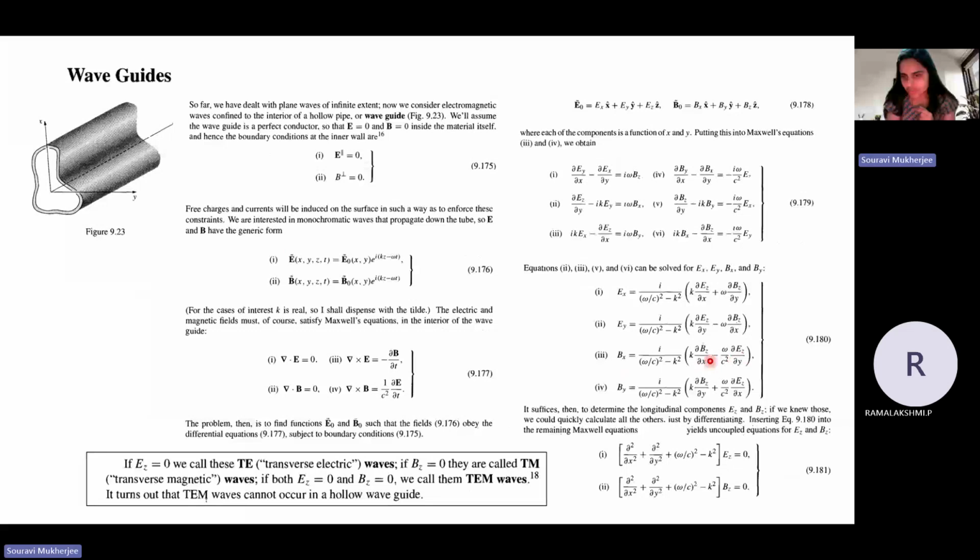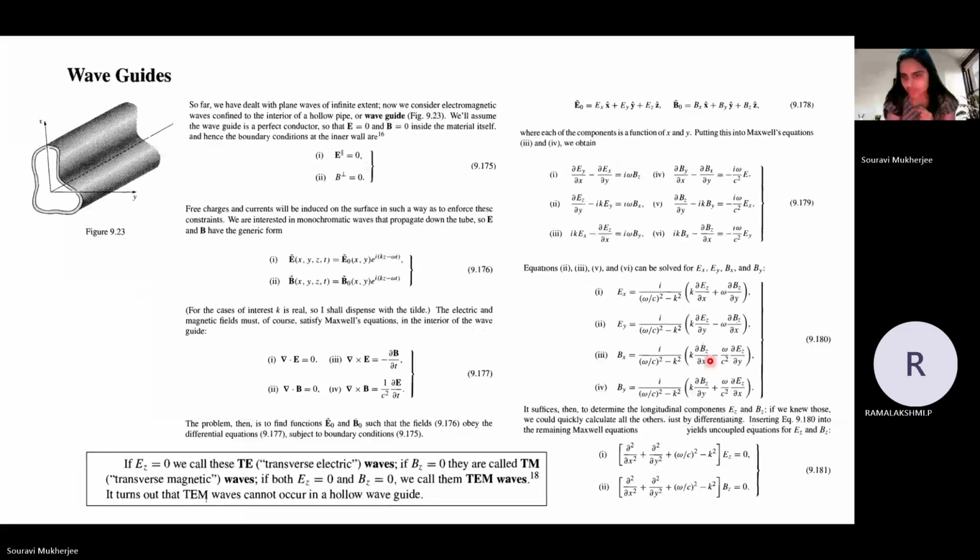Now, these are all possible values of m and n, starting from 0. You can have all different combinations, and that would give you the different modes that are possible, right? So for each mn value, you would call this a TEmn mode. Okay, so here m corresponds to the index for the larger dimension. So for this case, we have considered a to be larger than b.